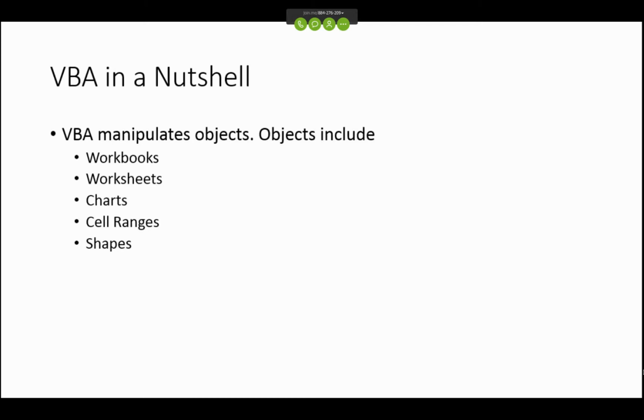So objects are arranged in a hierarchy, and I think you guys sort of saw that in the last slide. But what is hard to tell is at the top of the hierarchy is Excel itself, and it's called application. So it's the application object. So you have application, and then under that you have different things, including a workbook, but you could also have an add-in and other things.